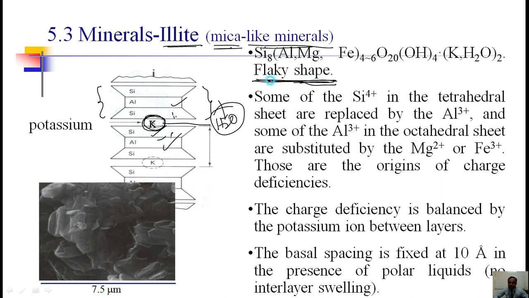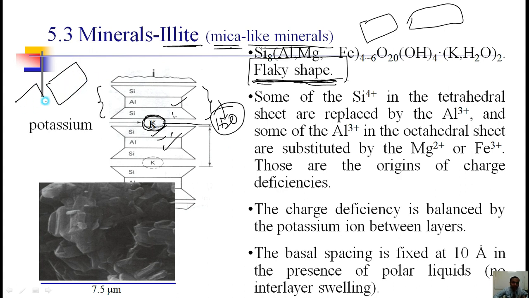In Kannada, that is called a chip or binichkal, isn't it? That is flaky in shape. All are somewhat the same: sheet, platy, film, flaky. Platy means plate, film means film, flaky means flaky. Depending on the thickness, they give these names.